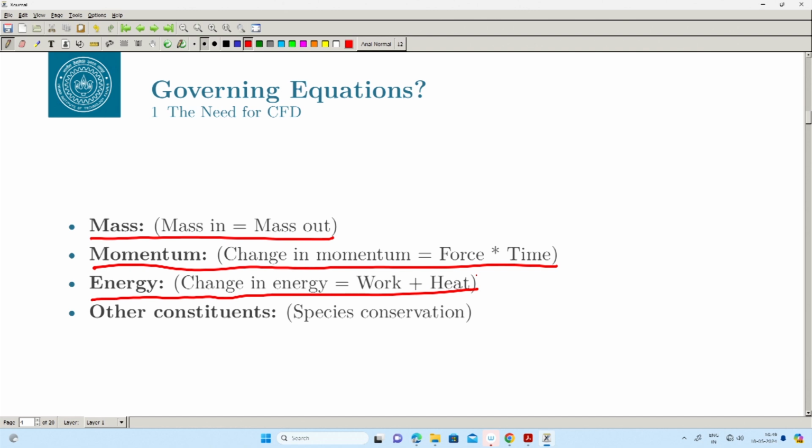In those cases you have to ensure that in each phase these conservation laws are obeyed, and wherever there is a boundary between the phases, the surface tension and other forces are also taken care of. So, as long as you are consistent with the physical system, you can write your equations, and the next part is to solve those equations on a computer, and that is what becomes computational fluid dynamics.